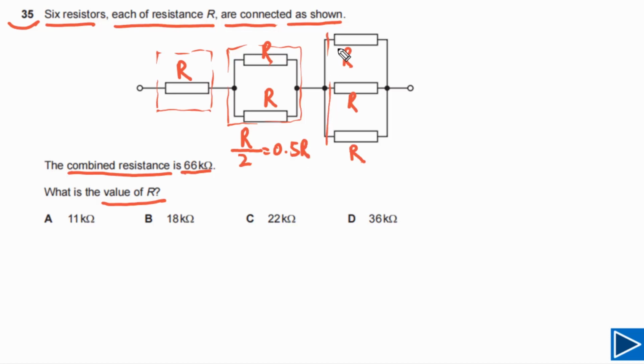Now if you look at the combined resistance of these 3 resistors, they are connected in parallel. So the total resistance is equal to the resistance of one resistor divided by the number of resistors. Now if we simplify this one, we will get 0.33R. Now you see we have 3 resistors now.